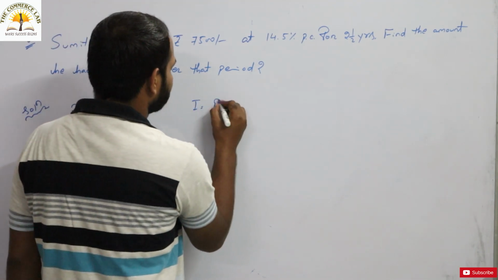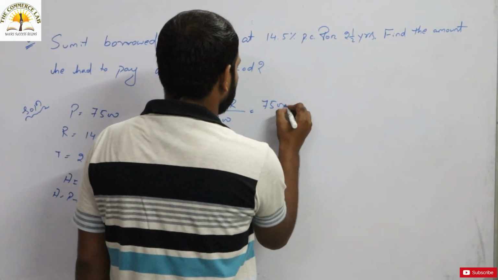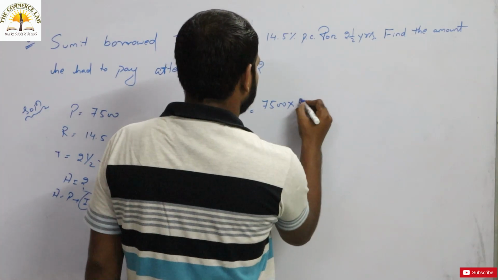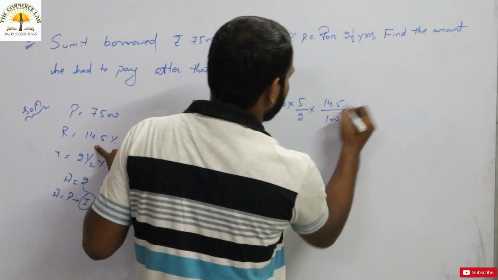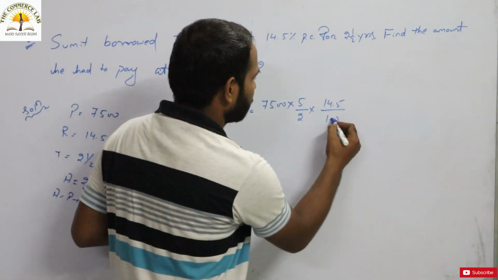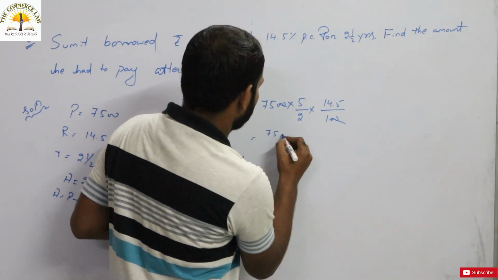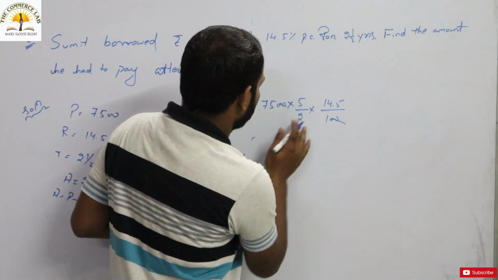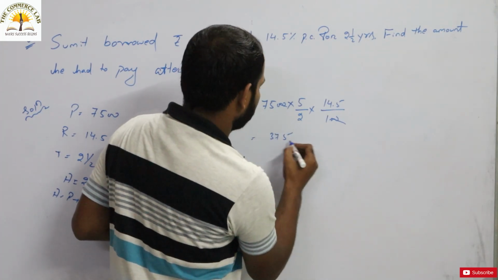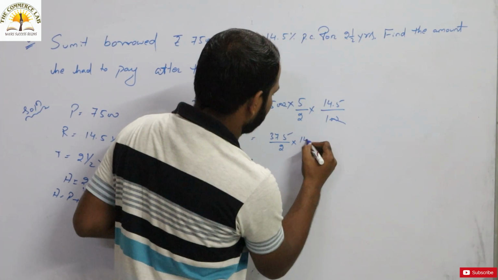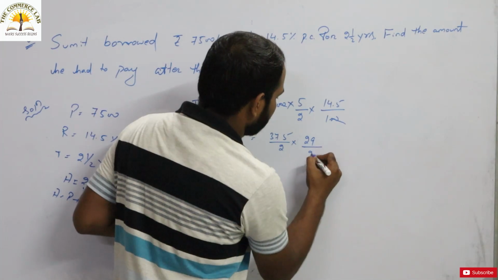So I equal to PTR by 100. P is given, 7,500 rupees. T is 5 by 2, R is 14.5 by 100. So solve this one, zeros cancel. So 75, 5 5s are 25, 375 by 2 multiplied by 14.5. 14.5 equal to 29 by 2.